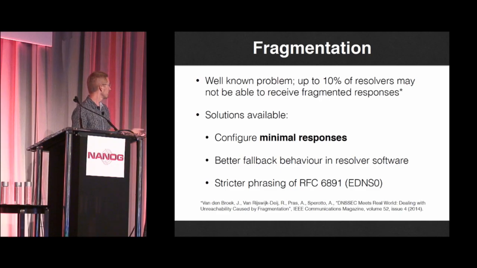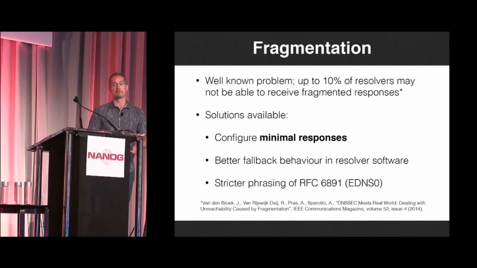And there are already some solutions out there. You can configure your authoritative name server a little bit differently if you're a DNS zone operator, because of course you're affected by the bad behavior of the resolvers that can't receive the fragmented responses.